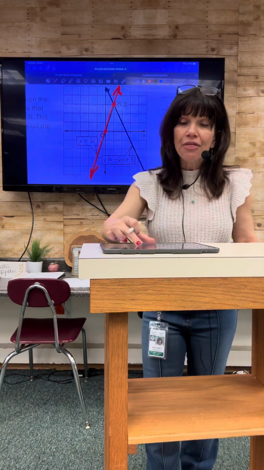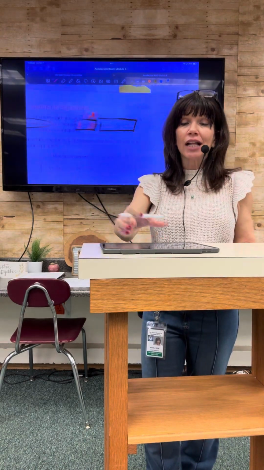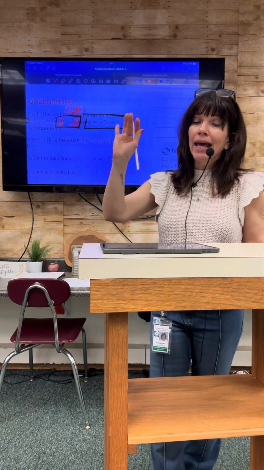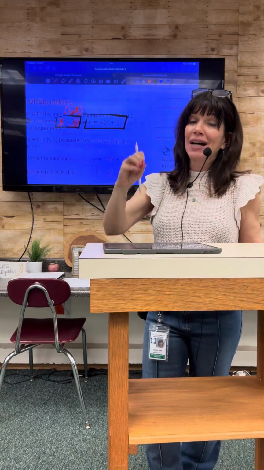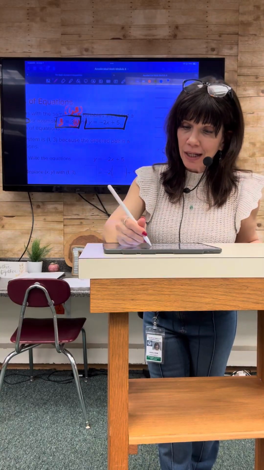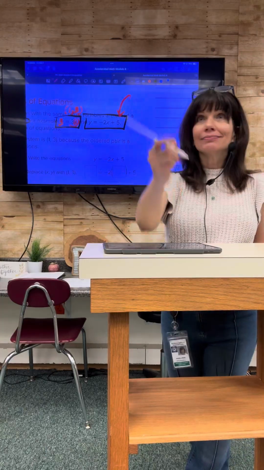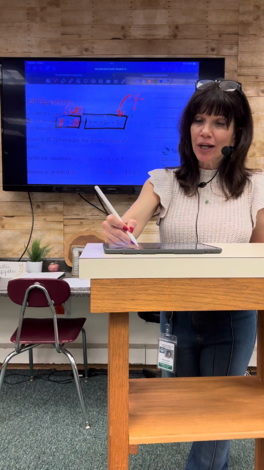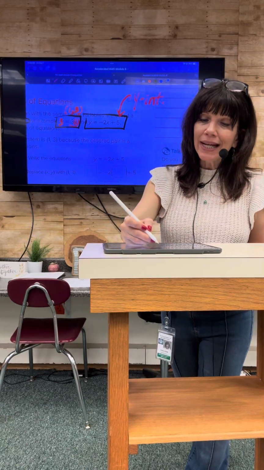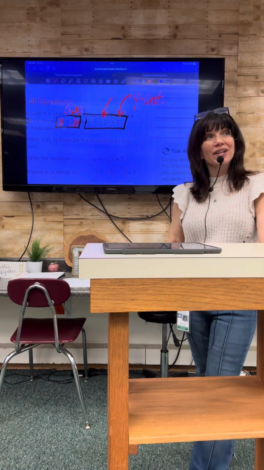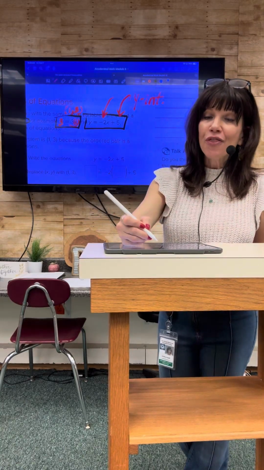Okay. Then we have another style of equation. This time, y equals mx plus b. Remembering, what is the b always in reference to? The y-intercept. Great job. And then what is -2 always in reference to? The slope.